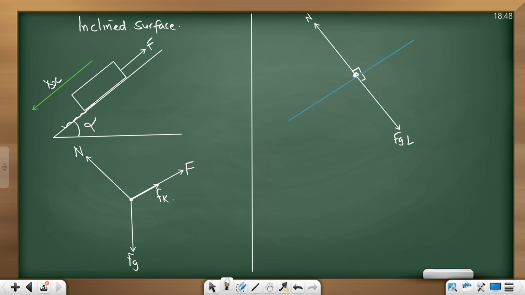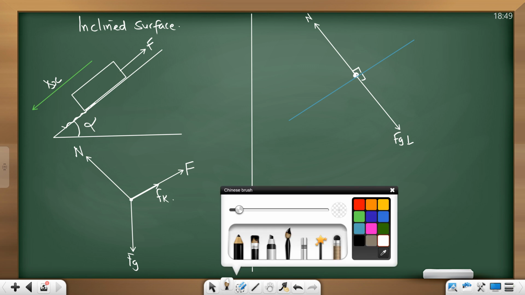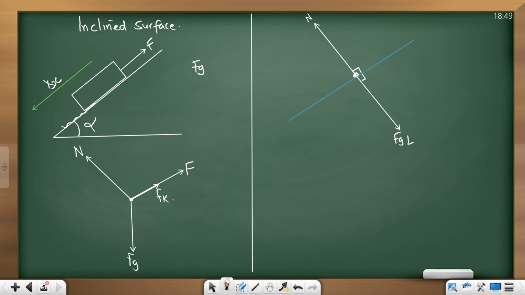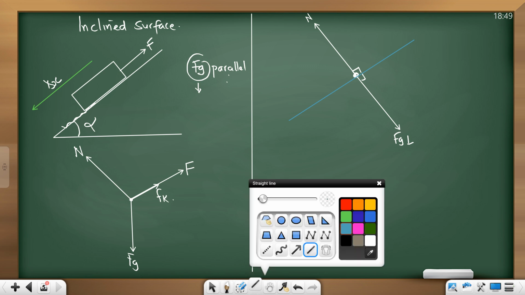And again, this drives me nuts when Elena draws FG going up. Guys, if we say FG parallel, two things are involved. FG is going down. Parallel means parallel to the surface. Now there are two lines that we can draw here that are parallel to the surface.